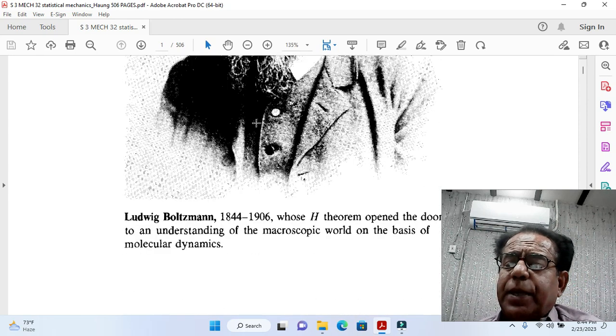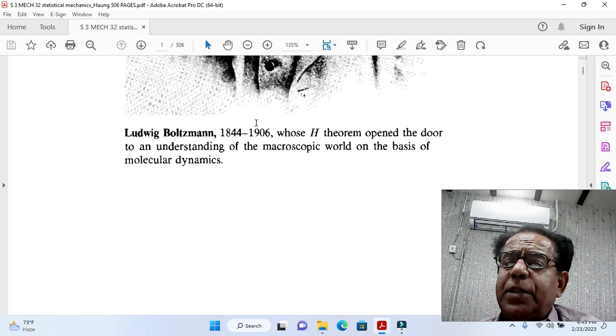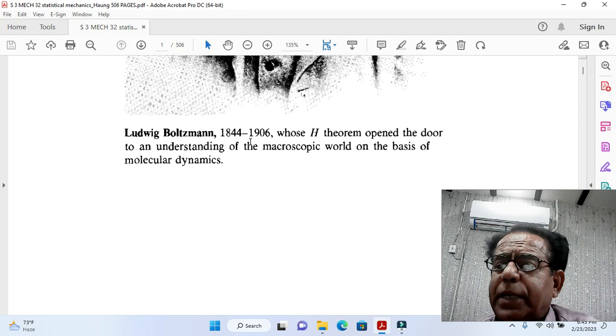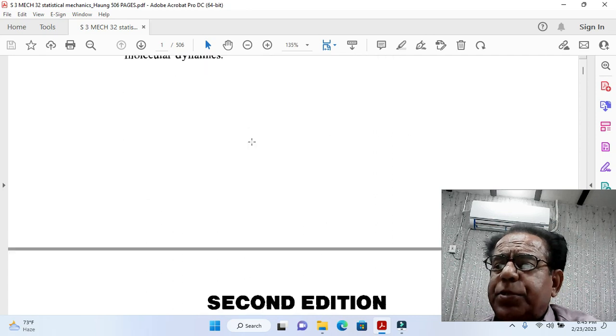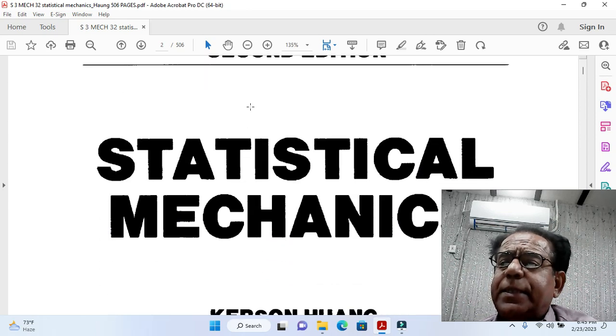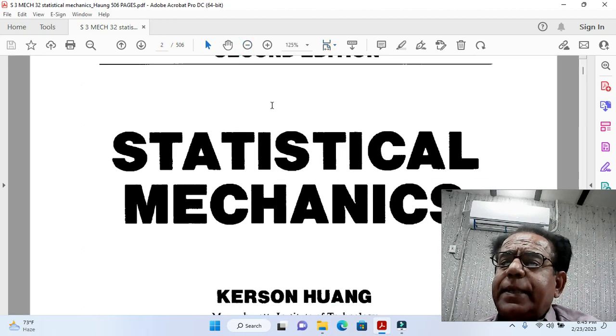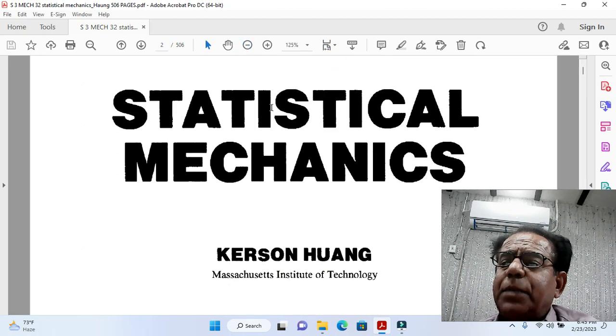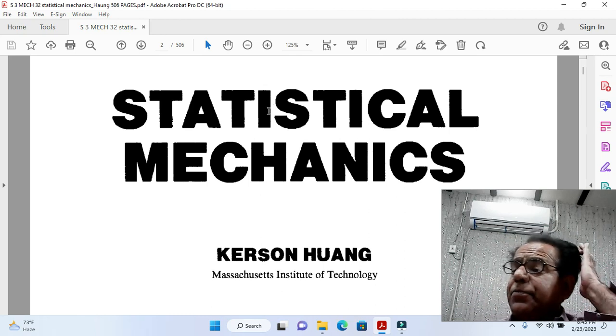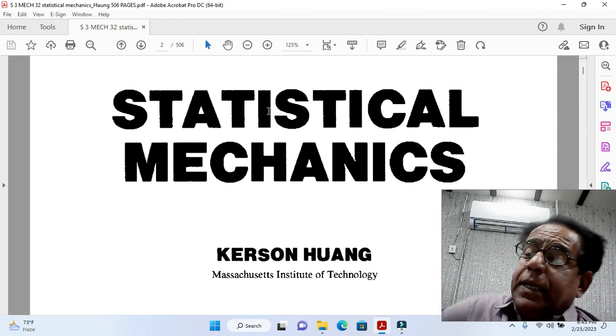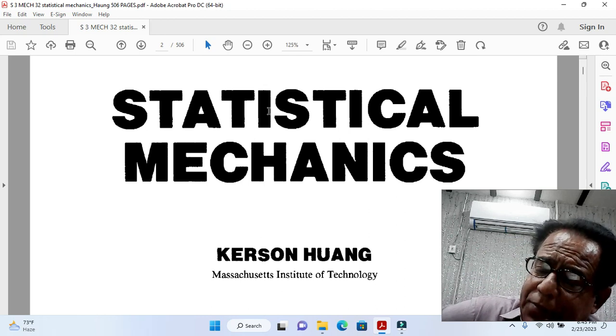Ludwig Boltzmann was born in 1844 and died in 1906. Second edition, statistical mechanics by Kerson Huang. Here once again full name is given at the first page. In first page only famous part of the name was shown.